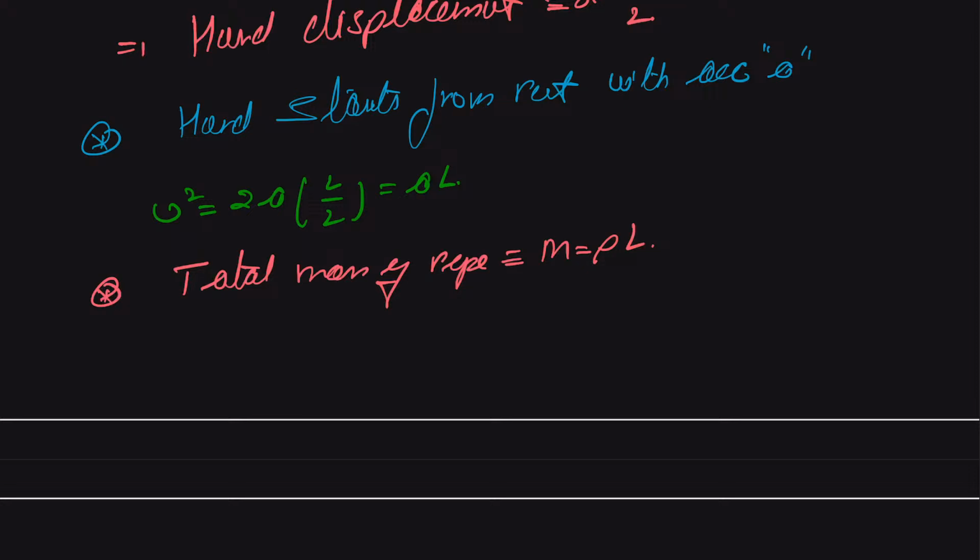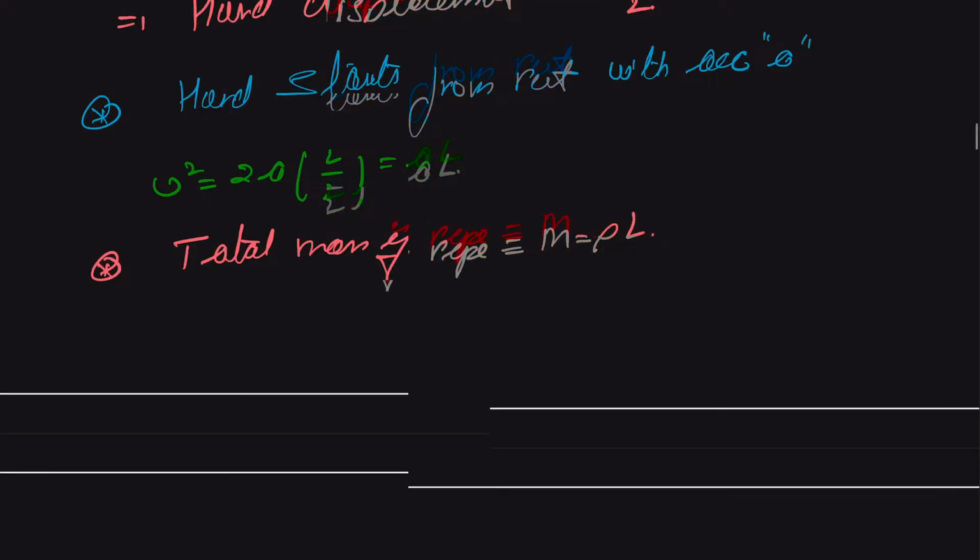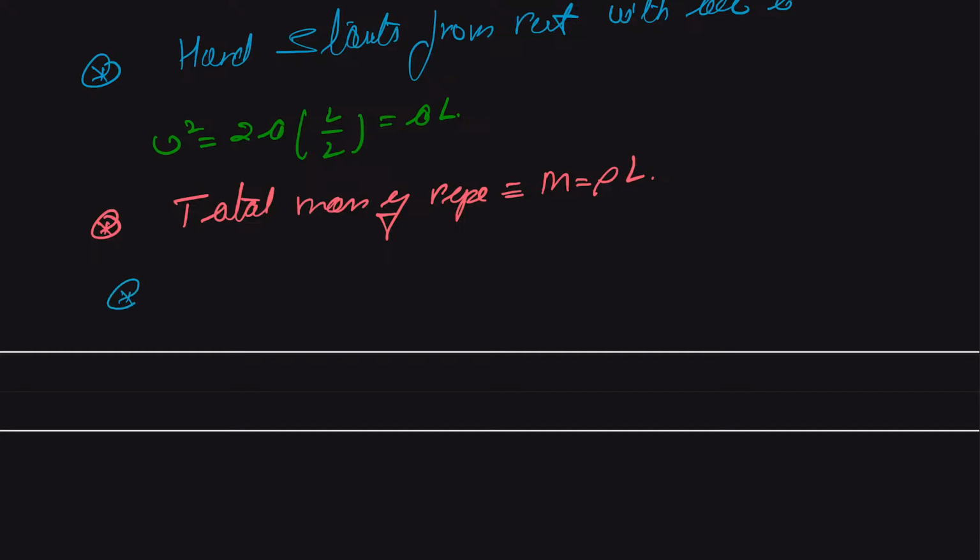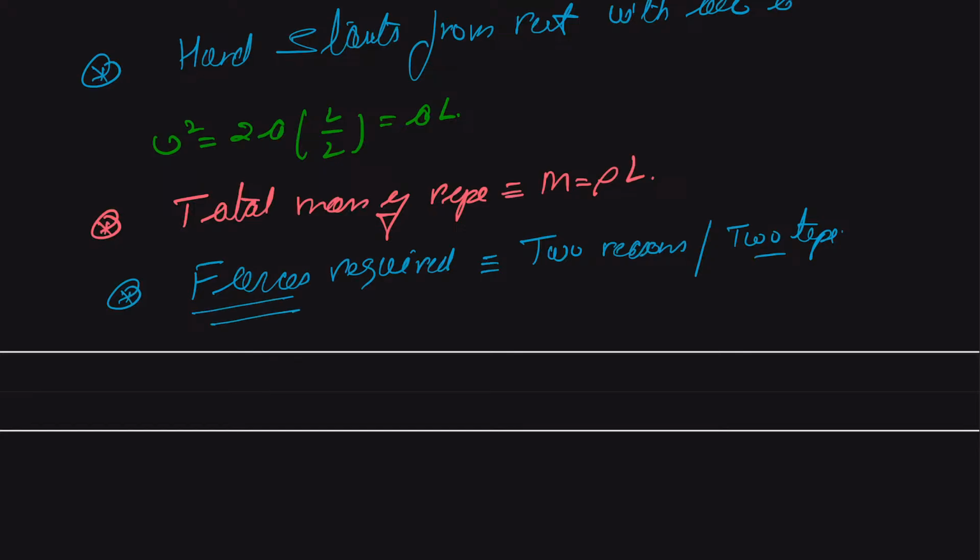We can say that a force is required for two different reasons, or basically we can divide our applied force into two types, whose summation will give us the total force required.